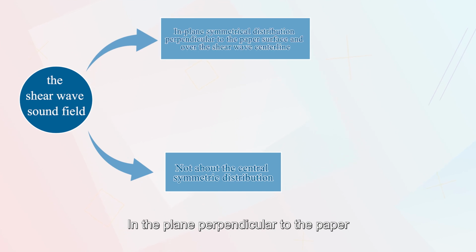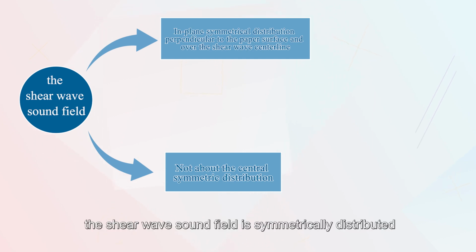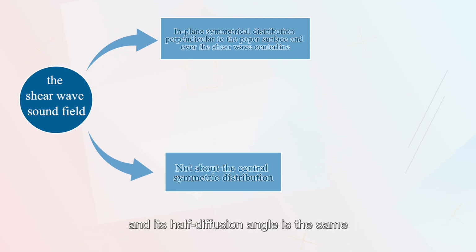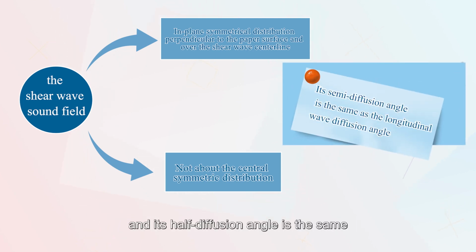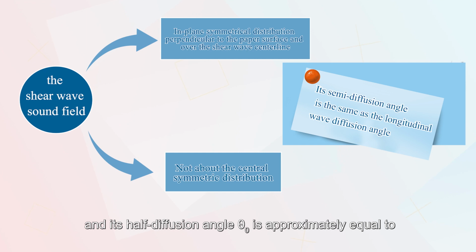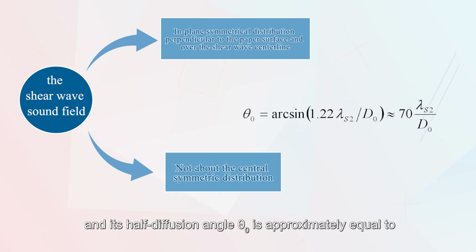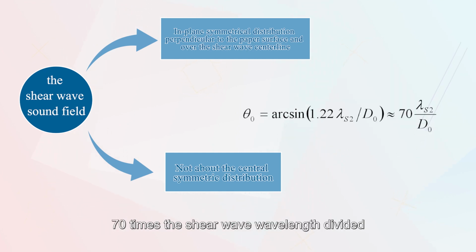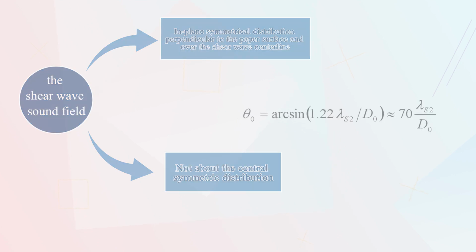In the plane perpendicular to the paper and passing the center line of the shear wave sound field, it is symmetrically distributed, and its half diffusion angle is the same as the longitudinal wave diffusion angle. Its half diffusion angle zeta 0 is approximately equal to 70 times the shear wave wavelength divided by the wave source diameter.